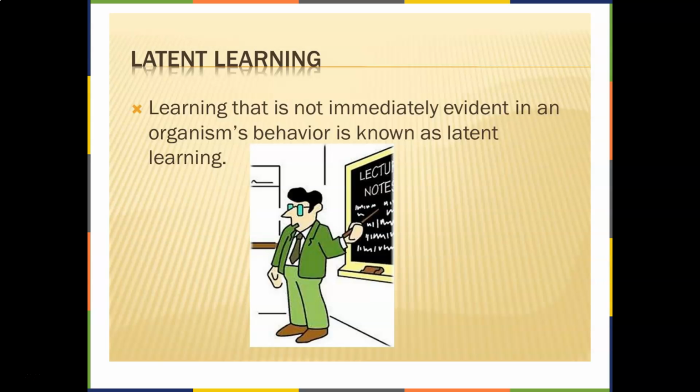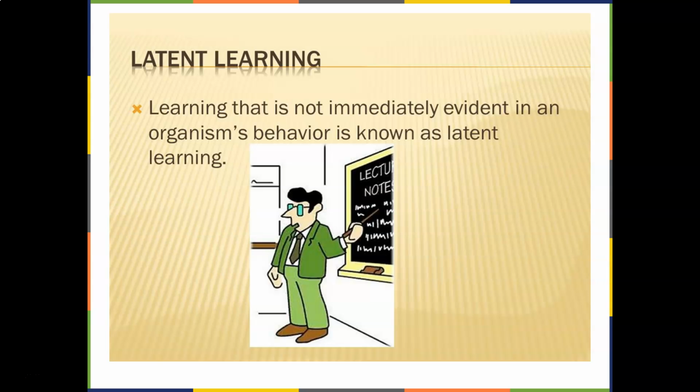Okay, so we're going to shift gears here and talk about some other types of learning. Latent learning refers to learning that might not be immediately evident, but then an individual might actually show their learning at a later time. That's why it's called latent.